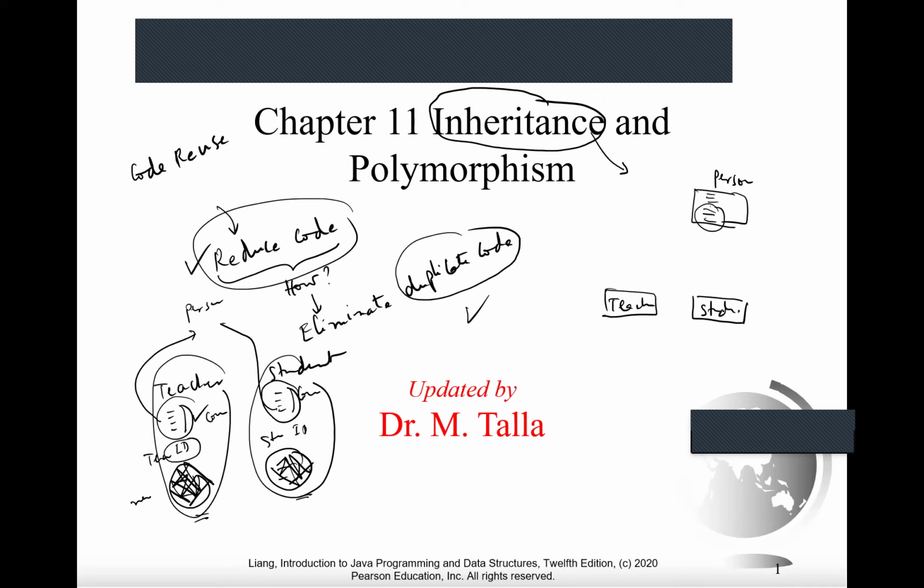Student is a class, so they are associated with an inheritance relationship. So what type of relationship is it? A teacher is a person. A student is a person. So teacher is a person, student is a person. Is-a relationship is inheritance.